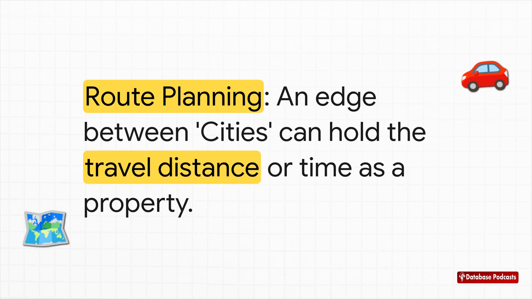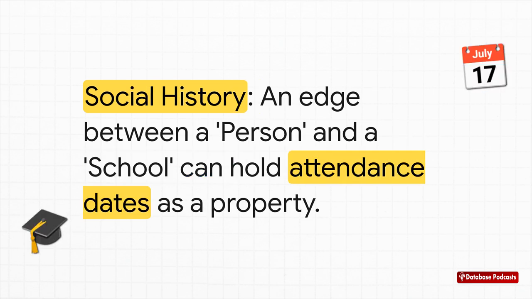The edge between two cities could hold properties like distance and average travel time. This lets an algorithm find not just the shortest path, but maybe the fastest one, or even the most scenic route. Think about social history for a second. The edge between a person and a school can hold their actual attendance dates. So now you can ask amazing questions like, show me all the people who attended this school at the exact same time as this person.